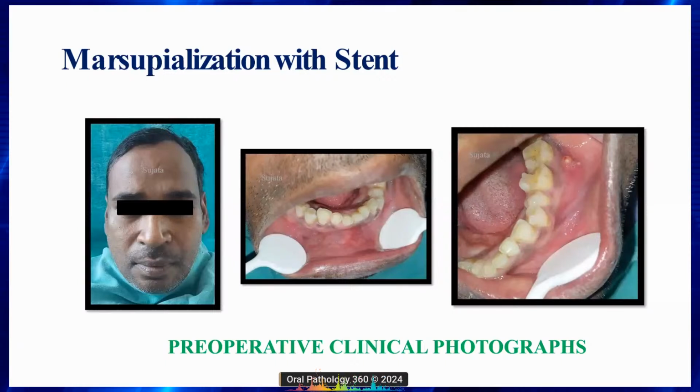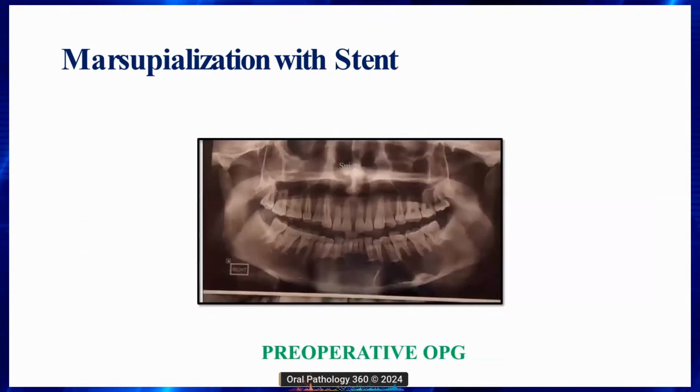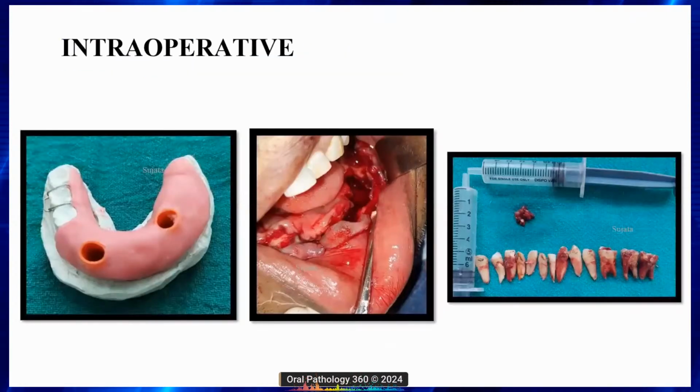This was a patient who reported to us with one or two intraoral draining sinuses and mobility of teeth. There was nothing found extraorally. On orthopantomogram, there was a multilocular radiolucency extending from lower right 6 till lower left ramus region, involving the body and part of the ramus of the mandible.